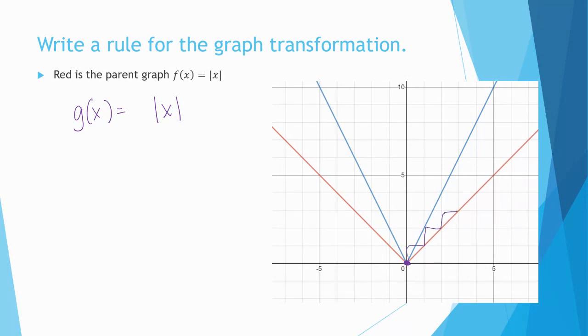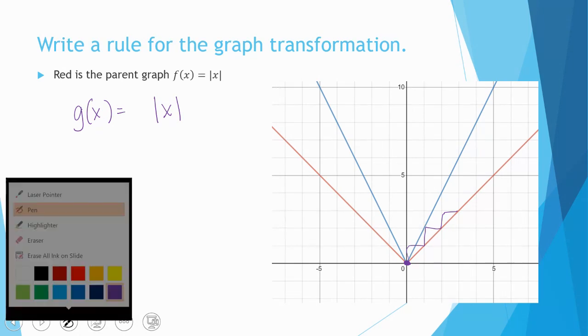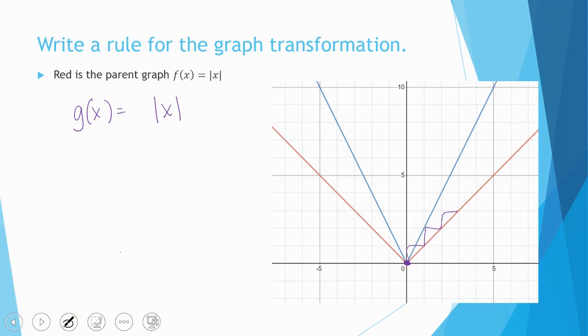The slope of my blue, I'm going to do this in a different color so that we can see it, is up 2 over 1. So if the slope of my first one, my red, is 1 over 1, and the slope of my blue is 2 over 1, what did I multiply that by? To stretch it, I multiplied it by 2. 2 is the multiplier that stretched my graph here.